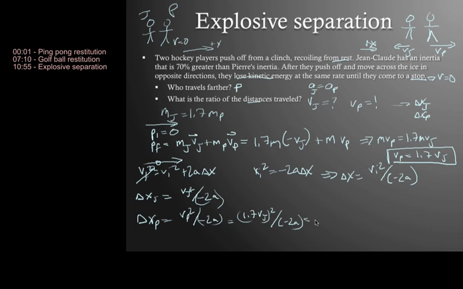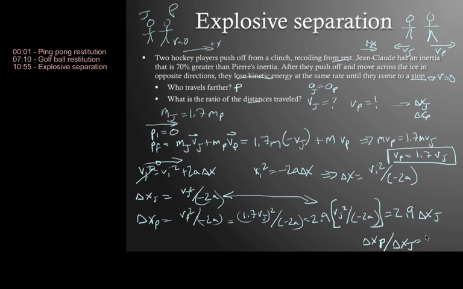So 1.7 squared, I can pull that out, that's 2.9. Now I end up with Vj squared over minus 2a. What you can see is that this part in the squared brackets is the same as this up here. So what this is actually telling me is that delta x Pierre is going to be 2.9 times delta x Jean-Claude. So delta x Pierre over delta x Jean-Claude is going to be 2.9.